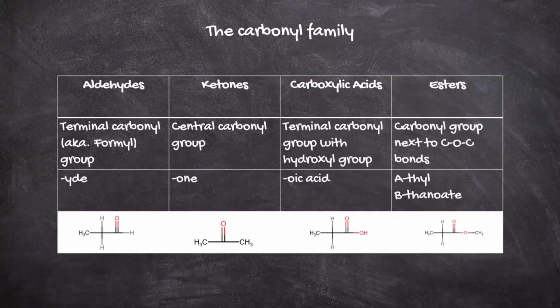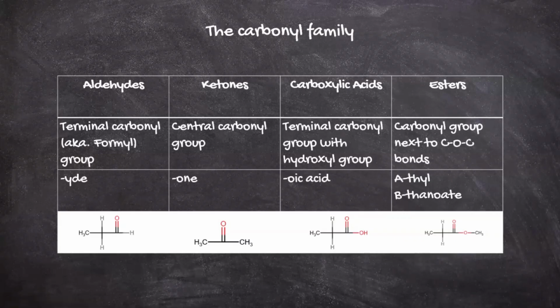We always look, when we're naming an ester, first at the carboxylic group and then at the alcohol group. Sorry, I completely blanked on that name. So always first at the carboxylic group and then at the alcohol group.